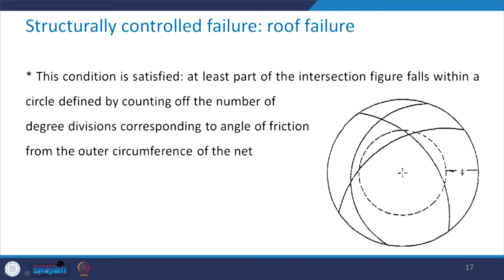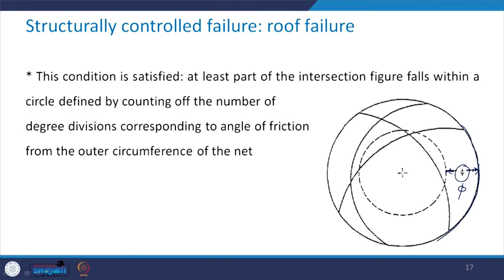Take a look, this is the outer circumference of the reference sphere. From this we count the degree divisions corresponding to whatever is the value of this phi. That means, measure this from the outer circumference.